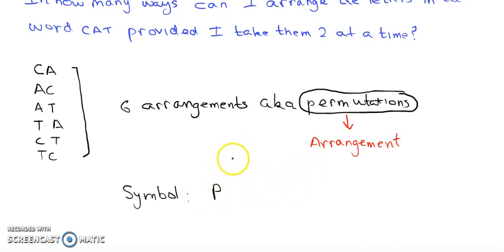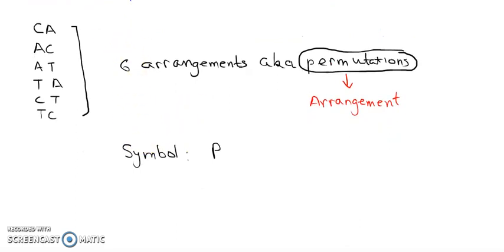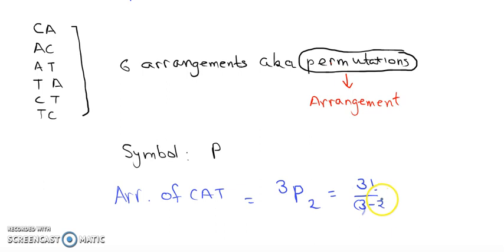That is written as, for the cat question, arrangement of cat would be equal to 3P2, which can be written as 3 factorial over 3 minus 2 factorial, which is 3 times 2 times 1 over 1 factorial, which is just 1. So that gives you 6 total arrangements, and that agrees with what we found here.